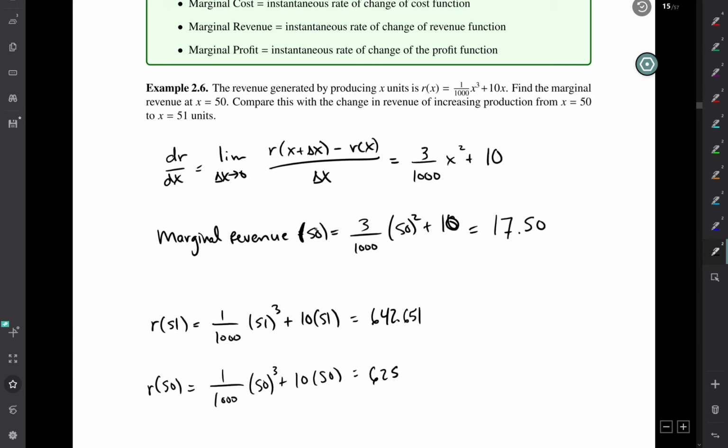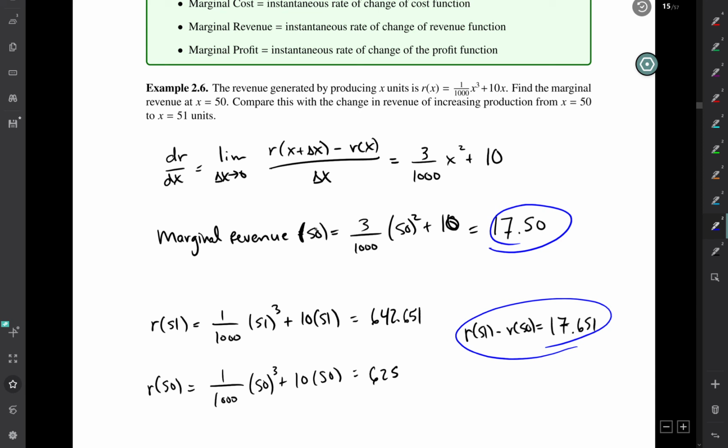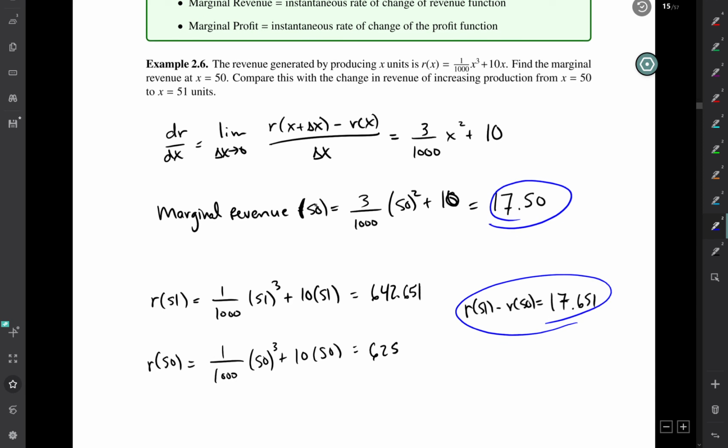So you can see that the actual difference, R of 51 minus R of 50, equals 17.651. So the marginal revenue estimate using the derivative is 17.5. The actual difference is 17.651, and the marginal revenue calculation is just a little bit simpler. So a lot of times we just use this as our approximation.